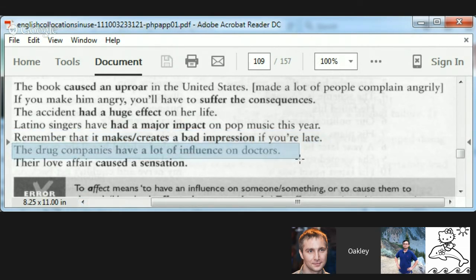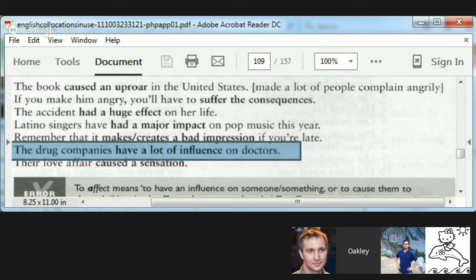Okay. The drug companies have a lot of influence on doctors. Yeah, they do. And I'm not happy about it. Is this true in Japan?